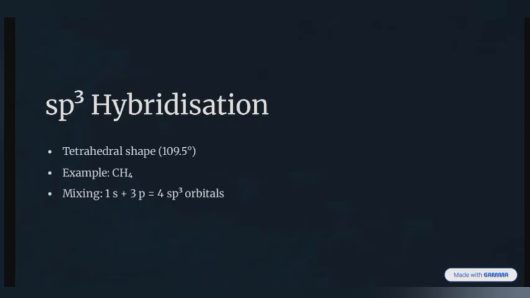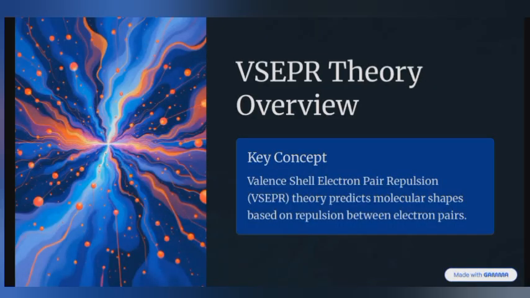So let's move on to one of the last portions of today's lesson, and it's called VSEPR theory. I know they pronounce it as Vesper, but in real pronunciation it's VSEPR theory.